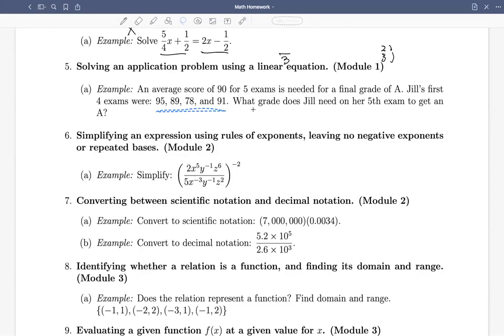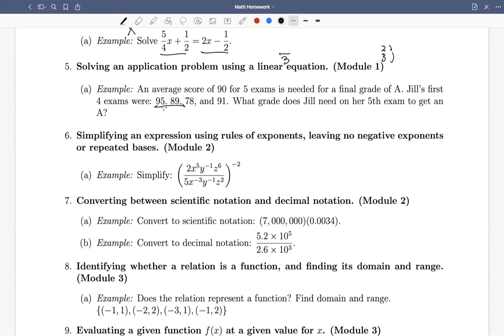What grade does Jill need on her 5th exam to get an A? First we need the average to be 90, right? So we add these 4 numbers. Hold on a sec. Jason, I don't get this regular pen. I get this. Okay, let me try.